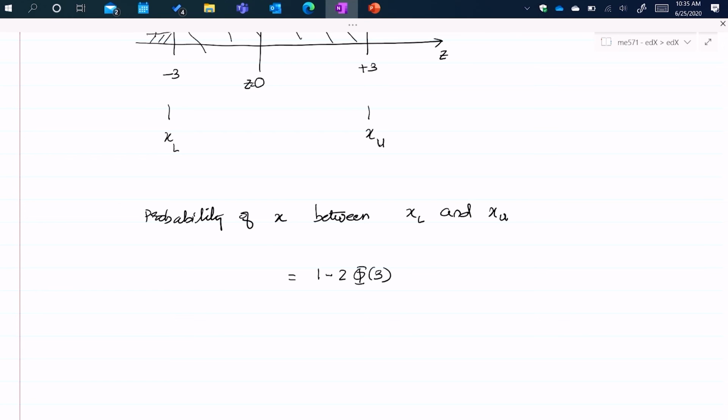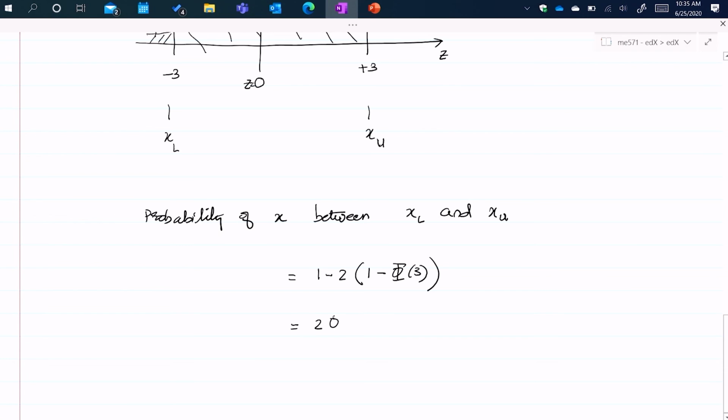Oh, I'm sorry, this is not 2 times phi of 3, it's 2 times 1 minus phi of 3. So that is the population that will lie between the limits of plus and minus 3.